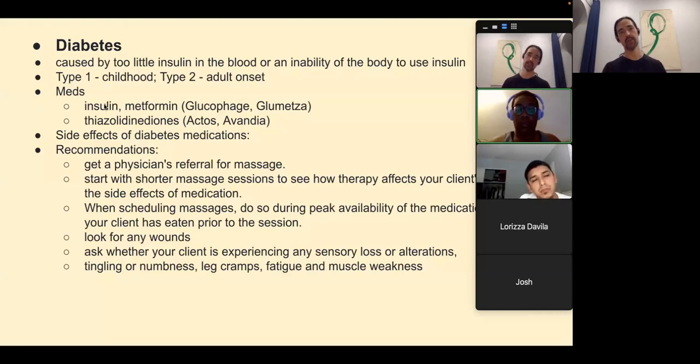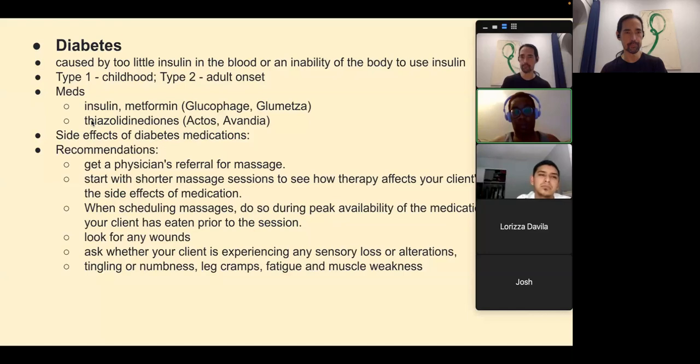Okay, the medications for that include insulin injections, or metformin. When you see capital letters on terms next to the description of medications or categories of medications, realize that those are brand names. So what you really need to remember are insulin and metformin. Metformin, I believe, is called Glucophage or Glumetza, depending on the manufacturer.